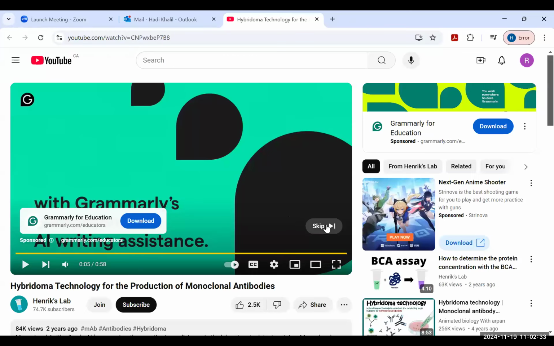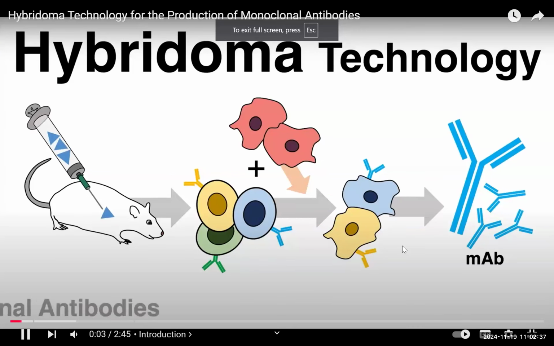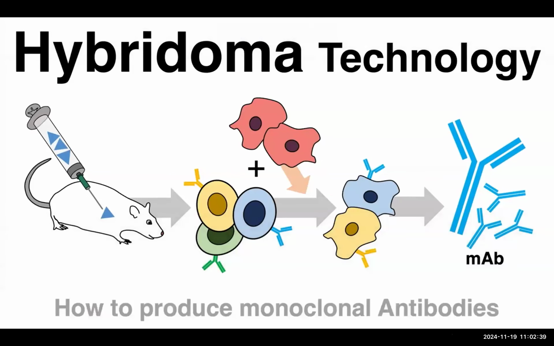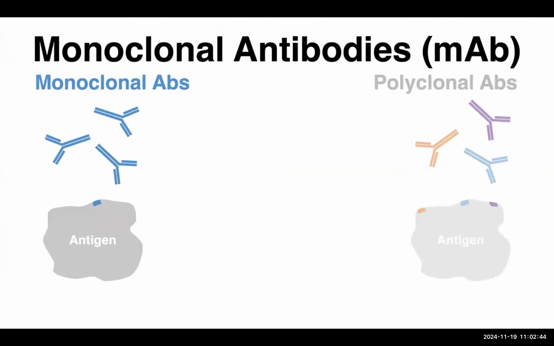The hybridoma technology is a common method to produce monoclonal antibodies. Monoclonal antibodies, in contrast to polyclonal antibodies, originate from a single B cell and are identical, which means they bind to a single specific epitope on the antigen.